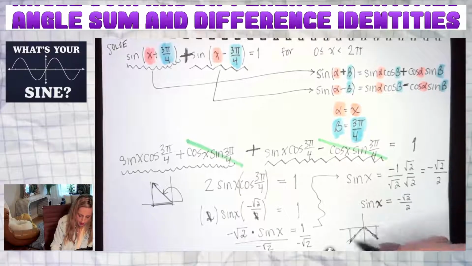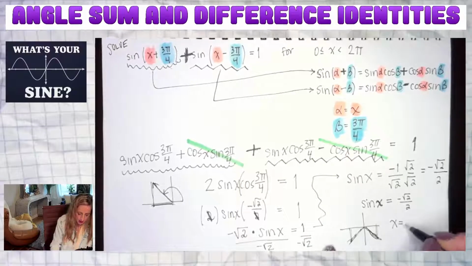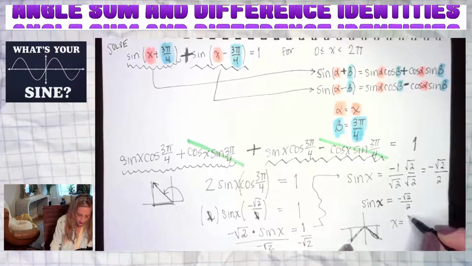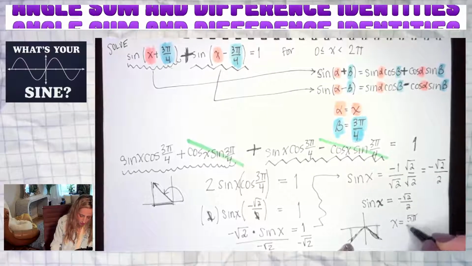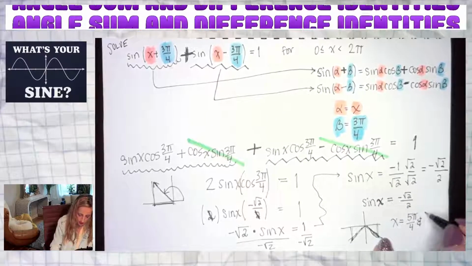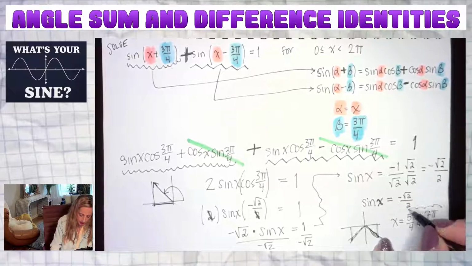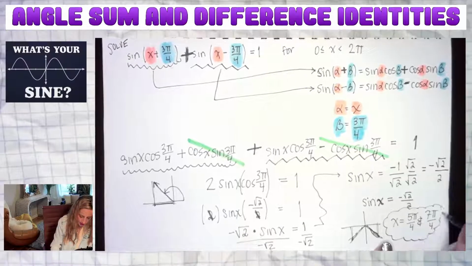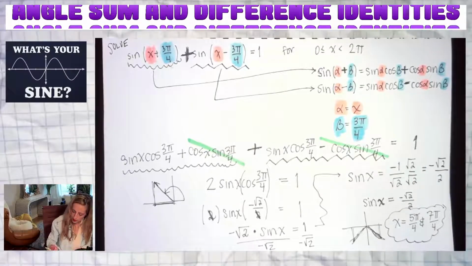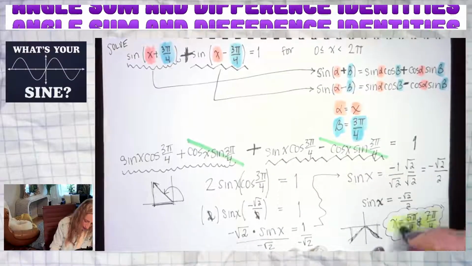It's that middle angle here and here. The angle's over 4. So x equals, that was 3 pi over 4, 4 pi over 4, 5 pi over 4 is one, that's 6 and 7, so 7 pi over 4 is the other. So our answers are 5 pi over 4 and 7 pi over 4. And that's all there is to it.